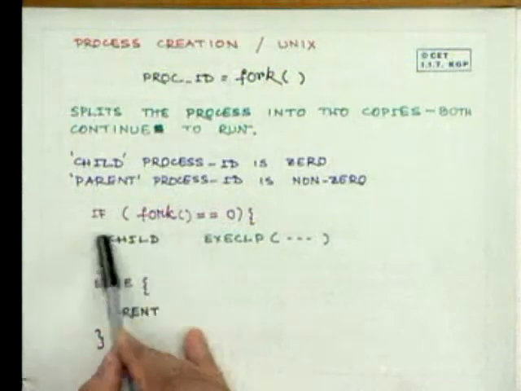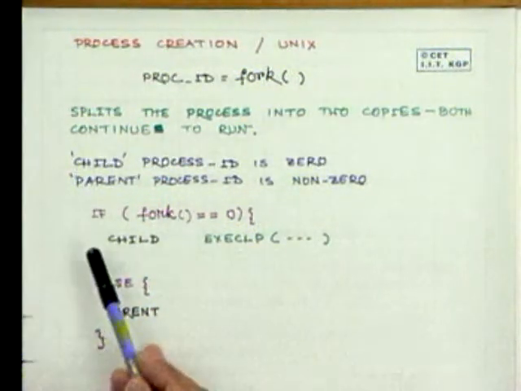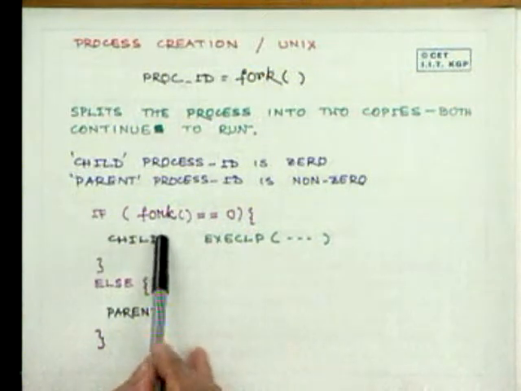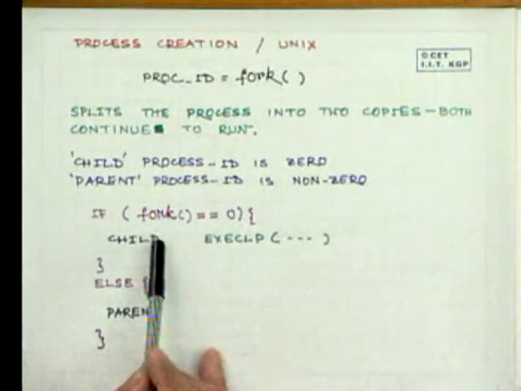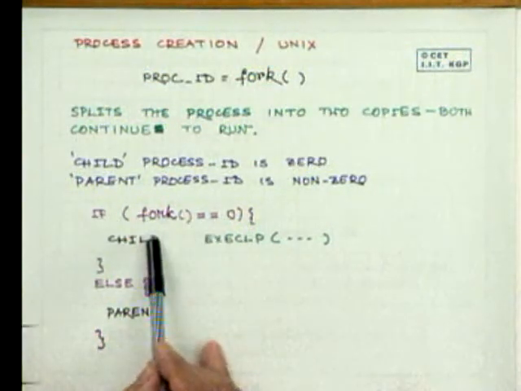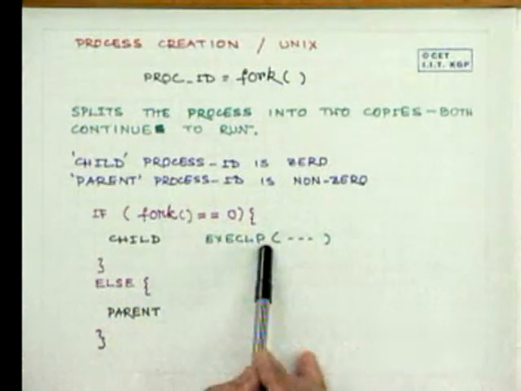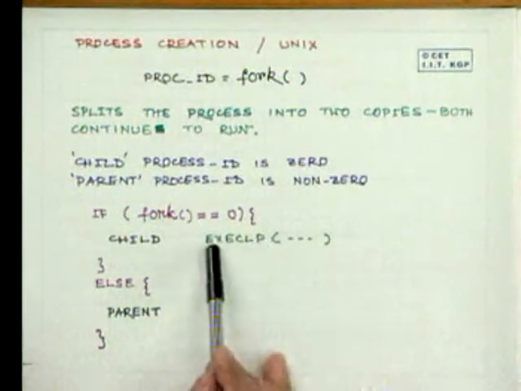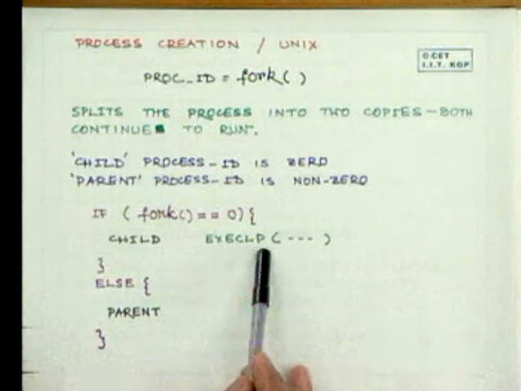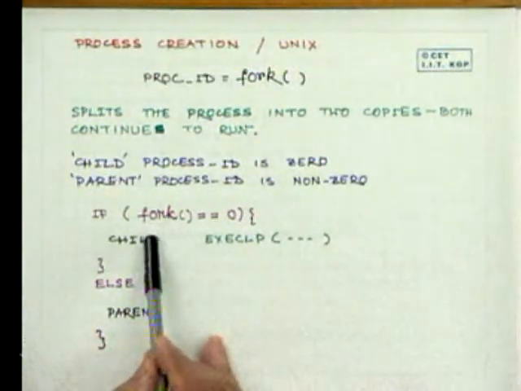Now, just since I started the discussion, if one wants, the child process can be replaced by another process, by executing another system call, exec lp, that will replace a process.